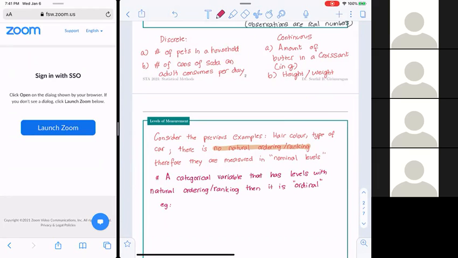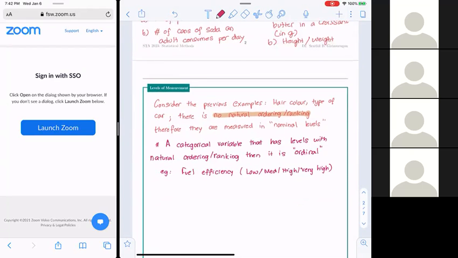Let's say fuel efficiency of a car. And we want to give it a rating. And the rating I'm going to give would be low, medium, high, and very high. So when I look at those 4 levels, I could see a natural ordering. It goes from low to high, or low to very high, even though it is a categorical variable. So there is a natural ordering, so we call it ordinal.